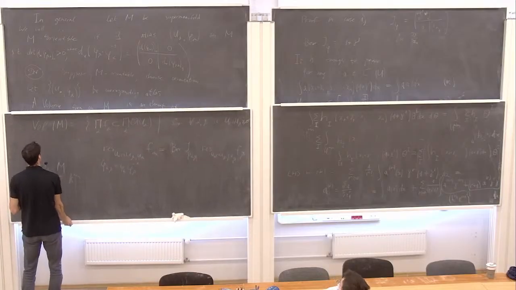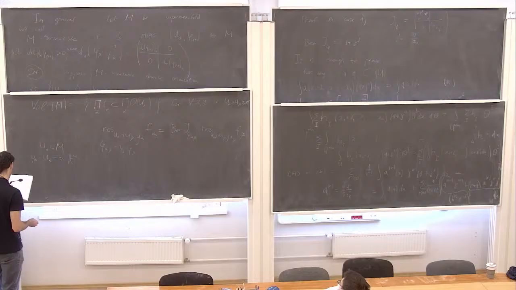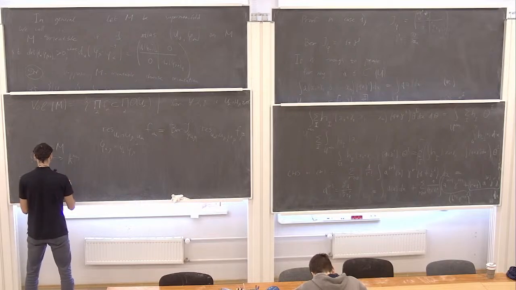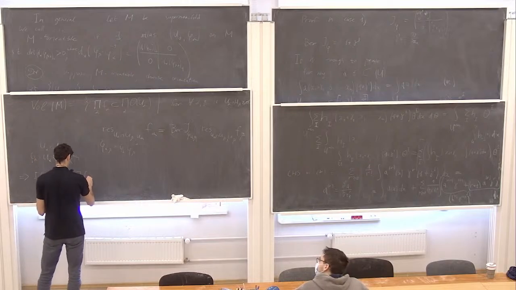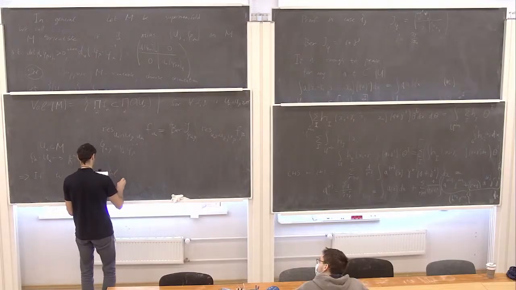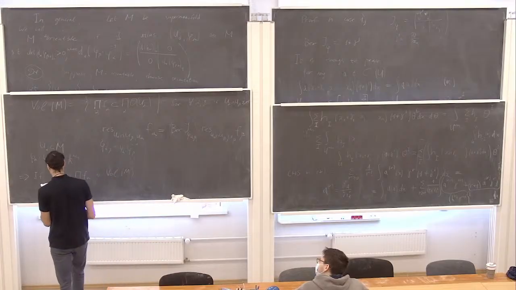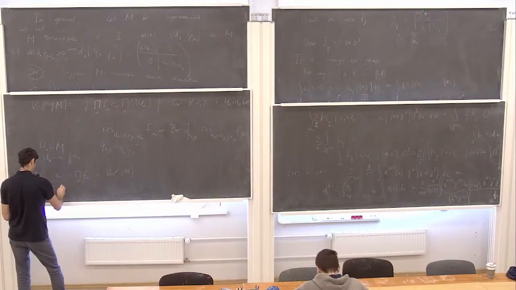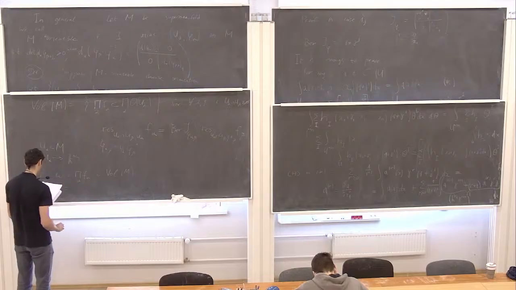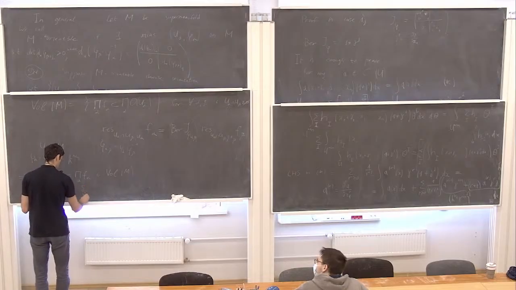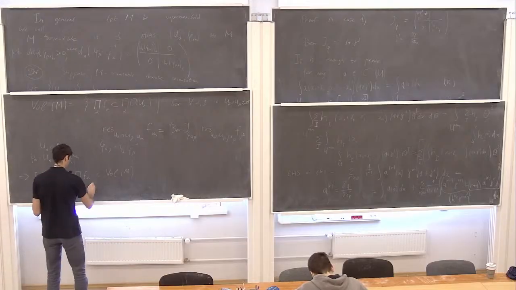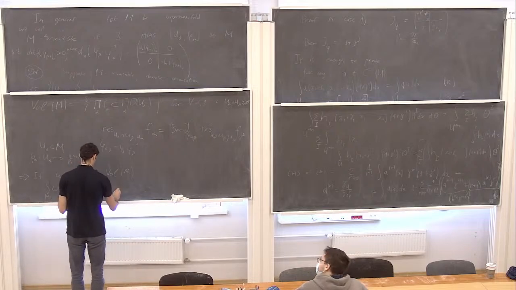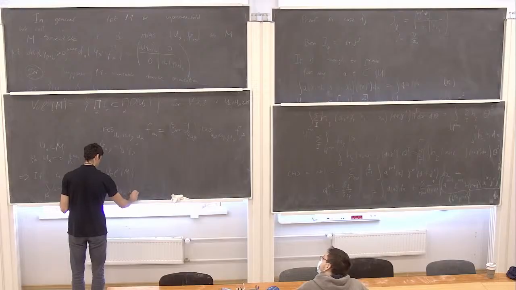Then we can integrate over volume forms. If omega is my volume form, then the integral over M of omega would be just the sum over alpha of psi alpha f alpha dx alpha d theta alpha.